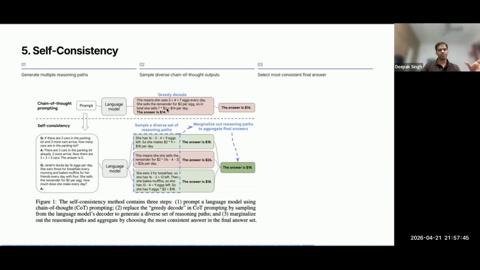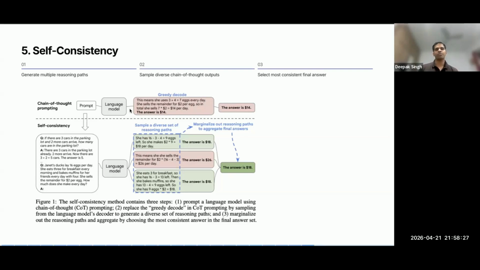The research finds that when you ask it to generate the best answer versus when you ask it to generate multiple ways of solving the problem, it looks at multiple ways of solving the problem, and whatever is the majority, it just picks that. Because if a problem is solved in three different ways and two of the ways give the same answer, the answer is likely accurate. And this also increased the efficacy or accuracy of the systems, right?